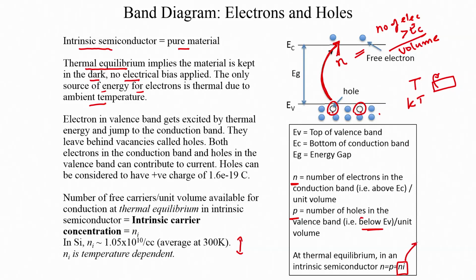It is called the intrinsic carrier concentration, which is a technical term we will use quite often, and is given the symbol Ni.